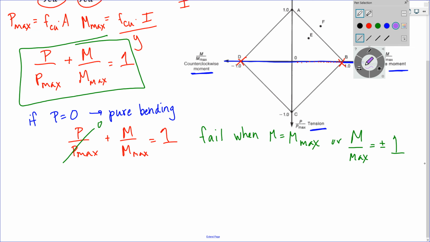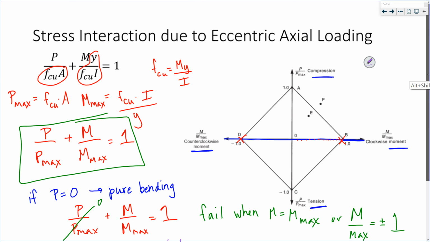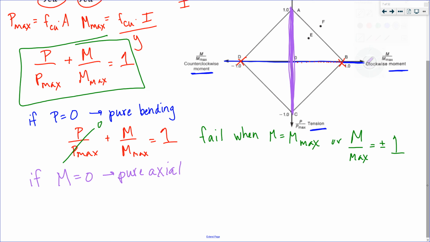Let's look at if M equals 0. And now I'm in a pure axial state. So I don't deviate off of my Y. This is pure axial. Right.